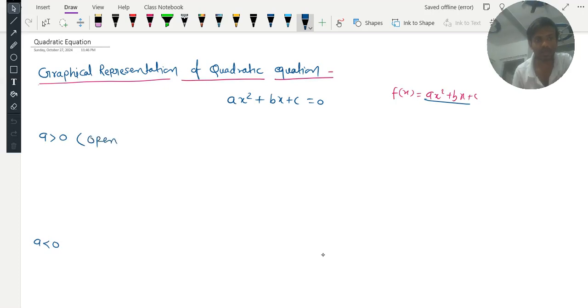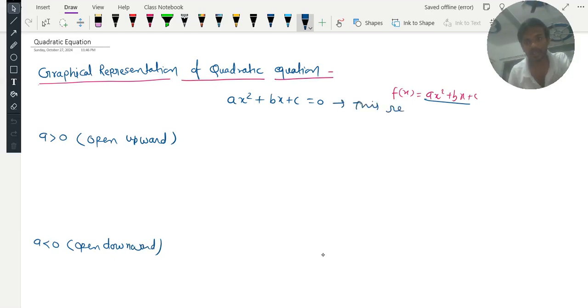If the leading coefficient is less than 0, this means it opens downward, and this represents a parabola.